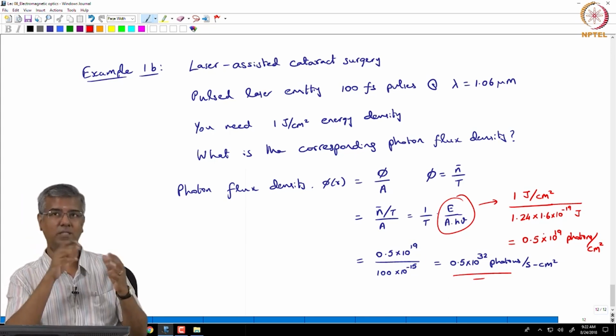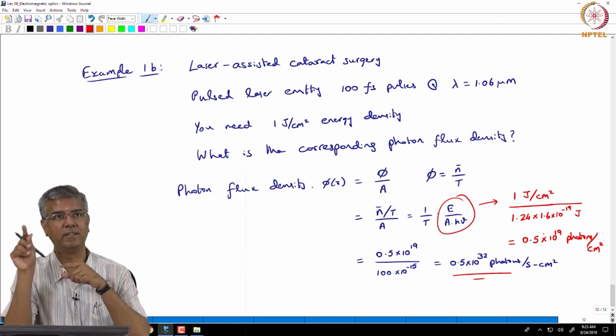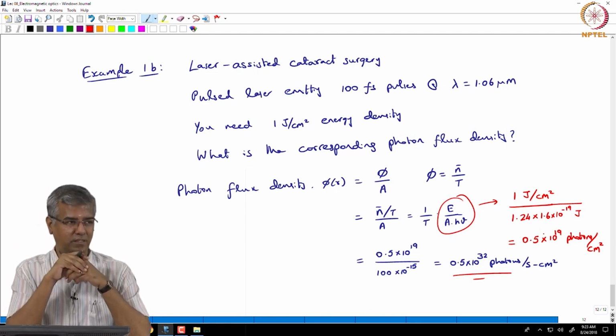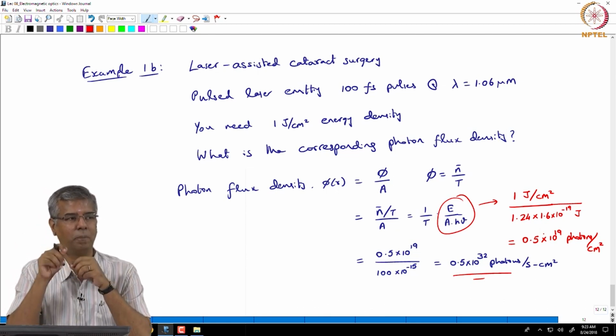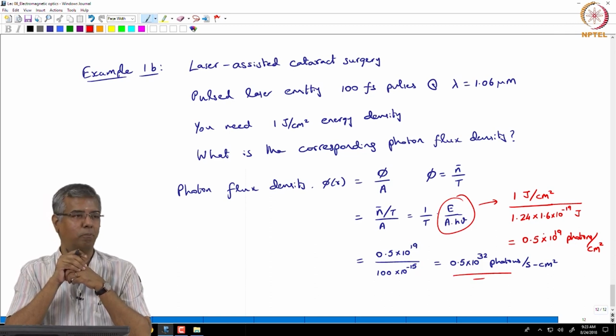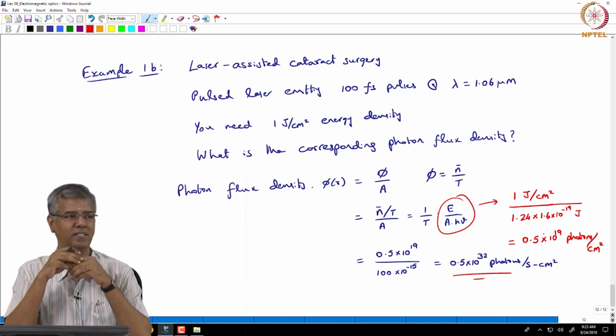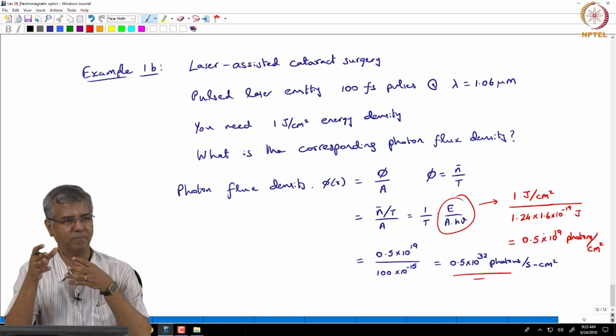You're talking about a trillion photons. You're packing that within one pulse, one bullet, and you may actually require multiple pulses to do the precise cutting.